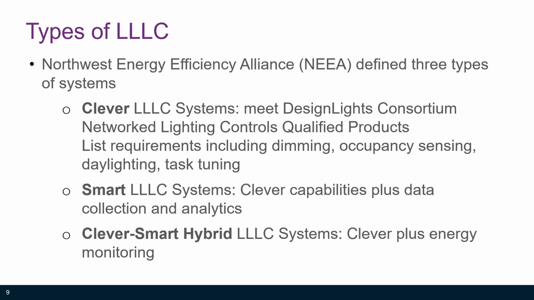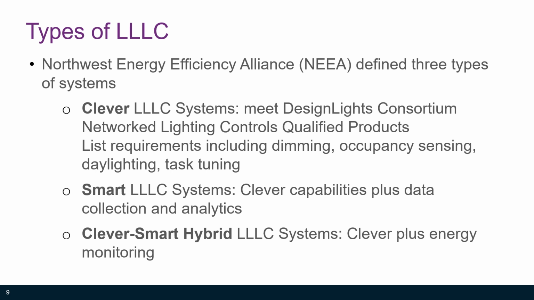Northwest Energy Efficiency Alliance in 2021 categorized LLLCs into three types of systems. Clever, which meets the DesignLights Consortium's Networked Lighting Controls Qualified Products list. The DLC researches and compiles data on lighting and controls.